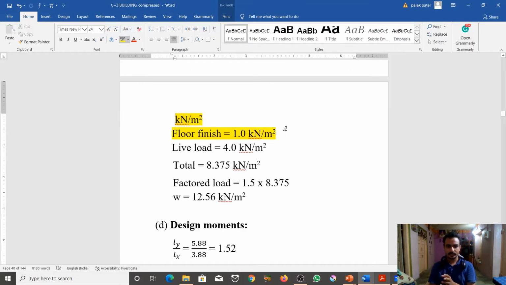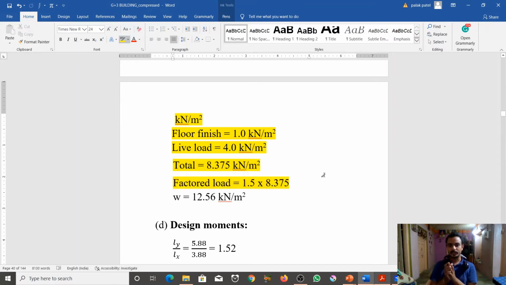Next, floor finish is 1 kilonewton per meter square. Second, live load is 4 kilonewton per meter square. Both values are given in the example. Next, total load is 8.375 kilonewton per meter square.